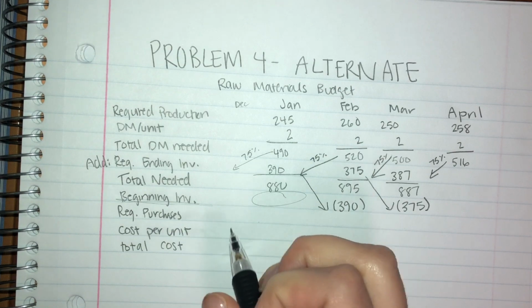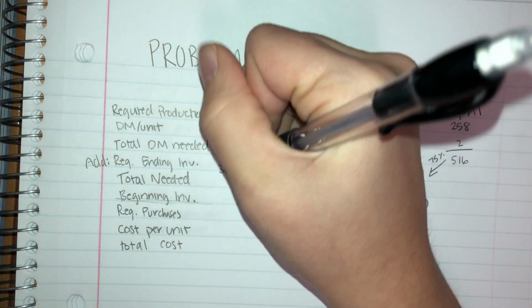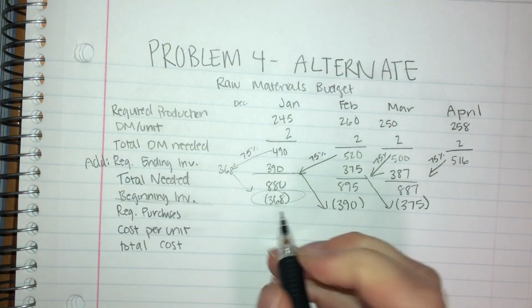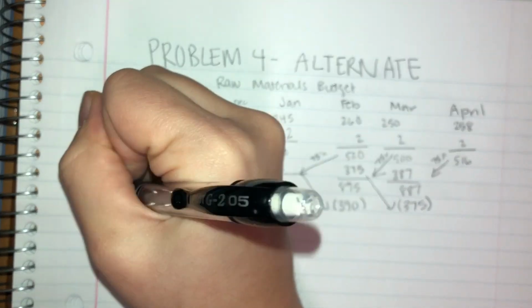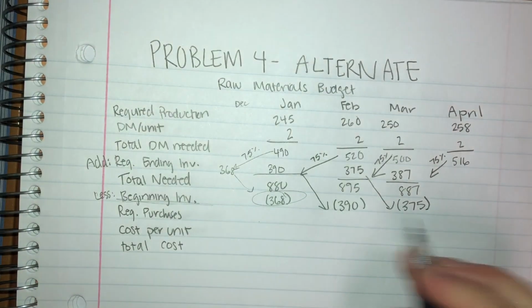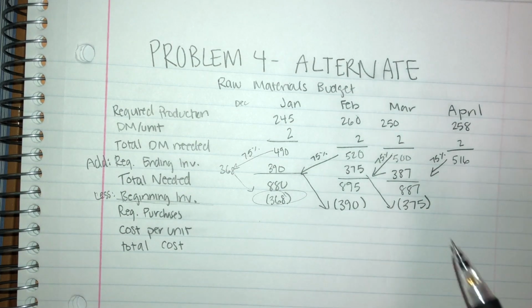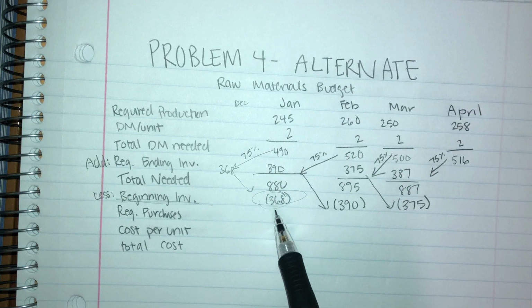So 75% of 490 would be 368. And so I'm just going to put that back here into my beginning inventory for January. I like to put "less" on the side here, and then I like to put parentheses around it. You don't have to. This just helps me remember that I need to subtract it. Also, this number is rounded slightly, just so you know.